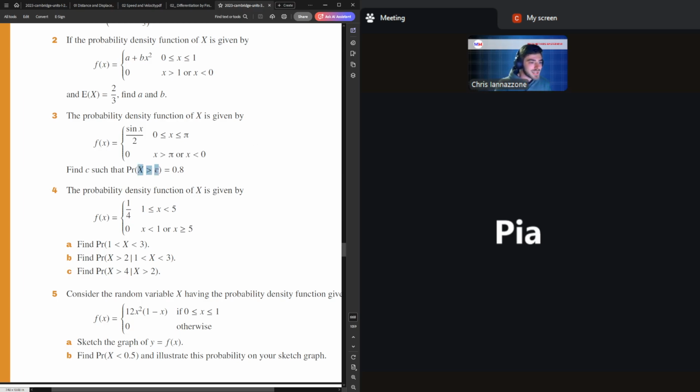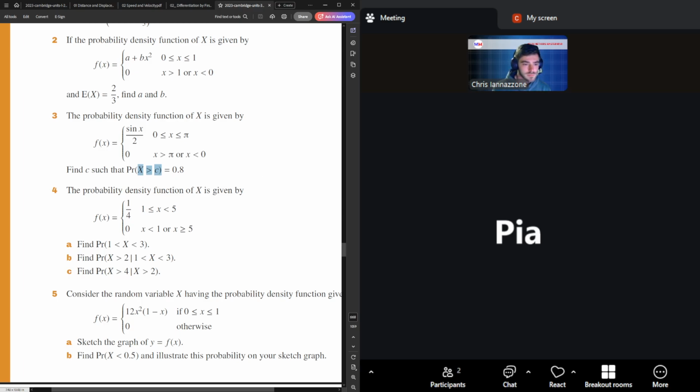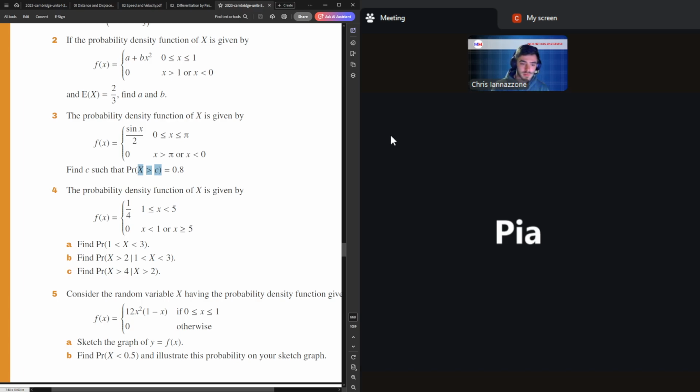Now, x being greater than c, only one of the lower or the upper will be unknown. Do you know which one we have here, lower or upper? Think about number lines as well. So if you have some value c and everything greater than c, would c be a lower bound or an upper bound?